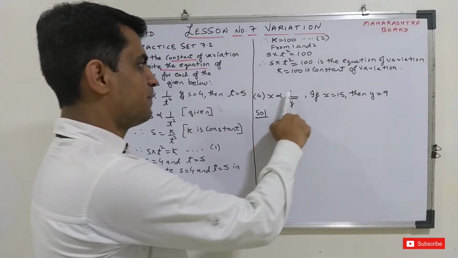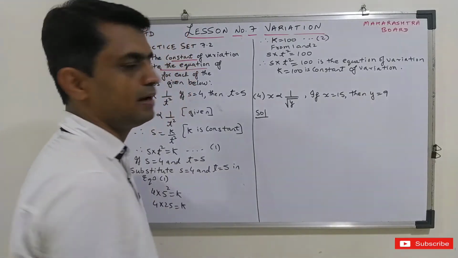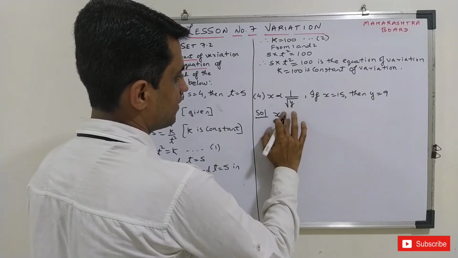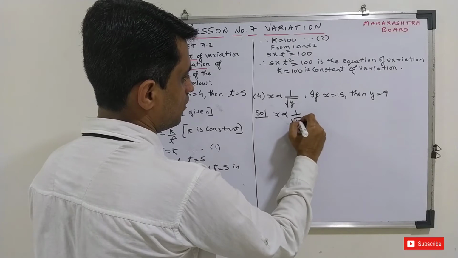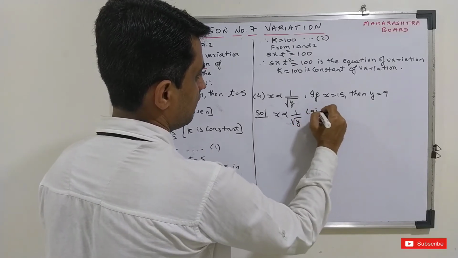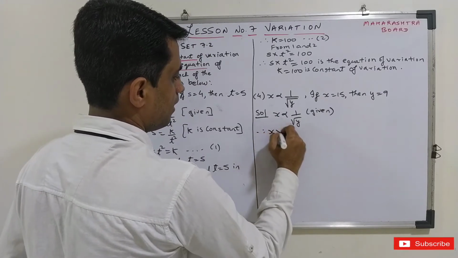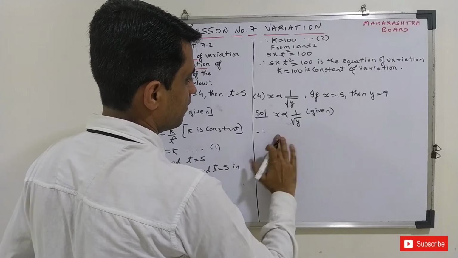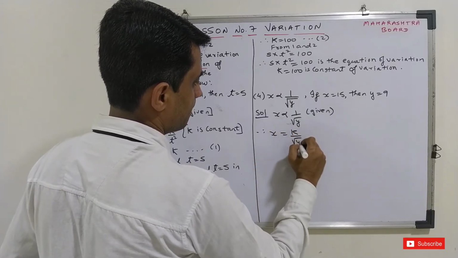X is inversely proportional to root y, and x is 15, then y is 9. So what we'll get here: first we write the question, x is inversely proportional to root y, given. Now we have to write it in k form. x is equal to k upon root y.